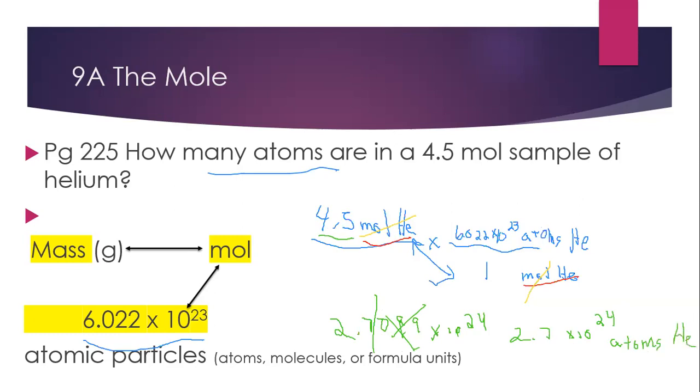Okay, so this would be our answer right here, 2.7 times 10 to the 24 atoms of helium if we're converting from moles to atoms. Okay, very important you use your units. Use your units, okay? Let's go ahead and clear all this, and then we will go to the next screen.